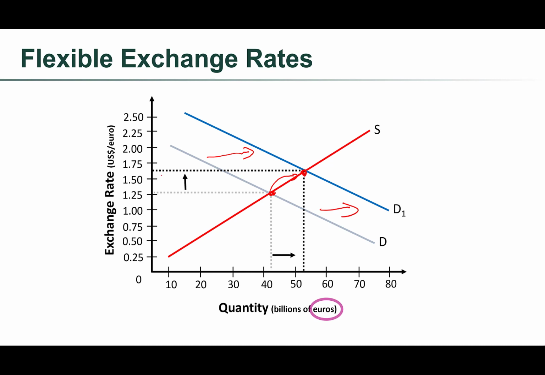The exchange rate goes from $1.25 to $1.75, and an increase in the quantity traded. So the exchange rate increasing, that should make sense because that means the price of euros increases. And so if lots of people want more euros, well, if you want a euro now because lots of people want them, you're going to have to pay more for it. So the exchange rate or the price of a euro goes up.